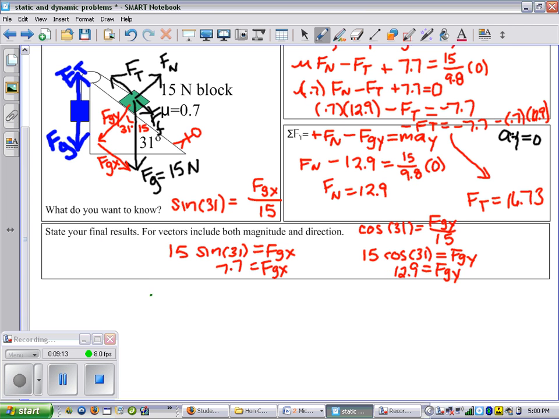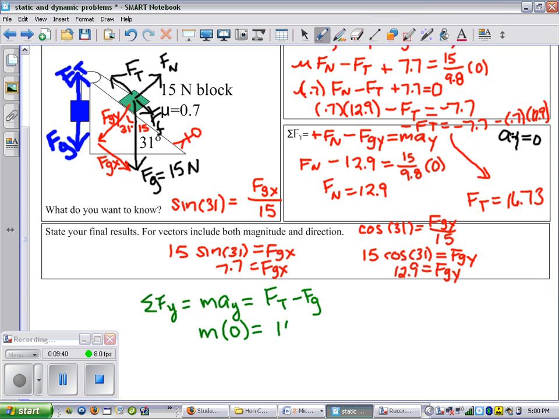I'm going to use the y direction. Equals MAY equals Ft is positive minus Fg, because it's going down. Mass we don't know for the blue block, times acceleration is 0 because it's not sliding.